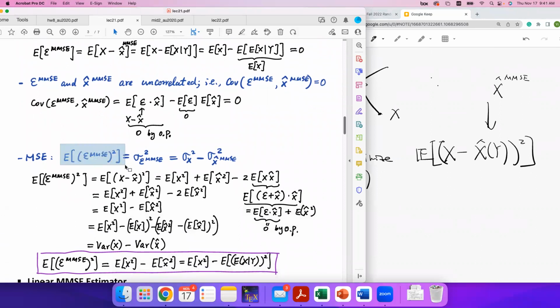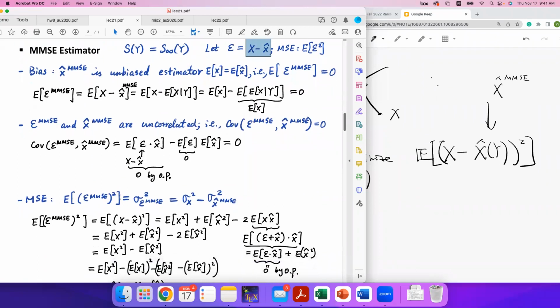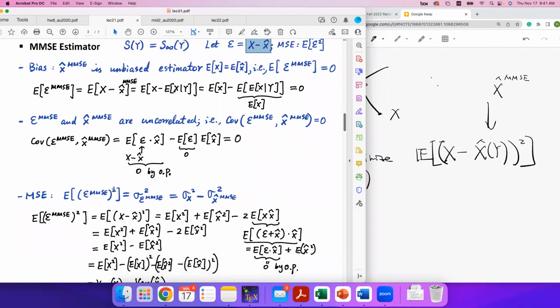So let's compute the mean squared error achieved by the MMSE estimator. It's basically epsilon MMSE, which is defined as the difference between these two, x minus x hat, to the power of 2, taking expectation. This is exactly the mean square error.